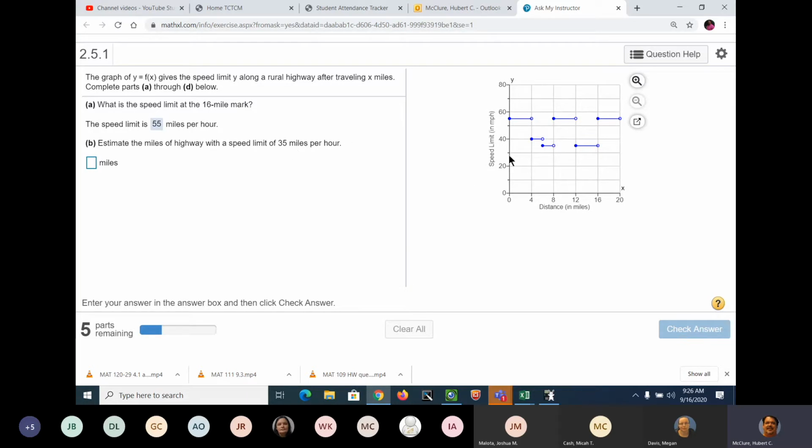Well, 35 is right here. So here is, let's see, that's the 4 miles. Halfway between 4 and 8 is 6. So that's 2 miles. And then here is 4 miles. 4 and 2 is 6 miles.